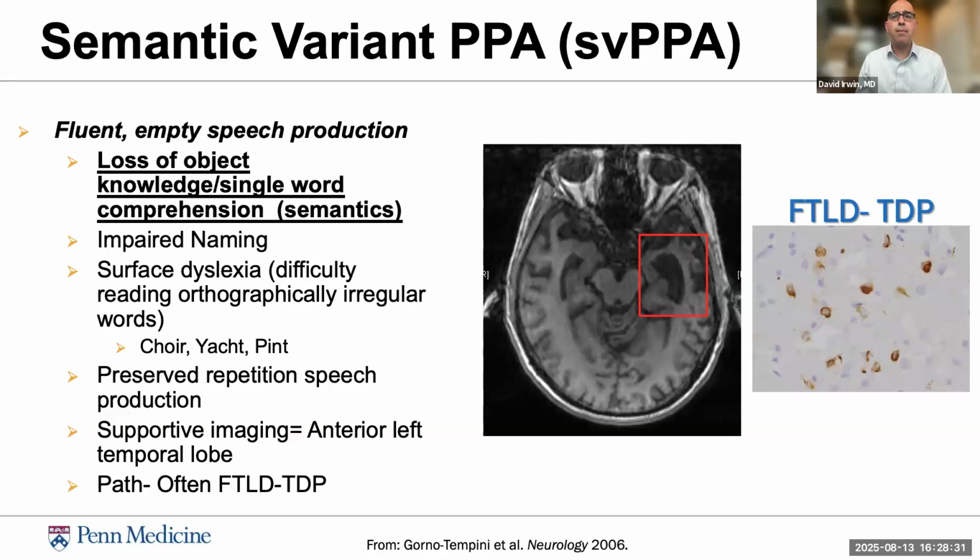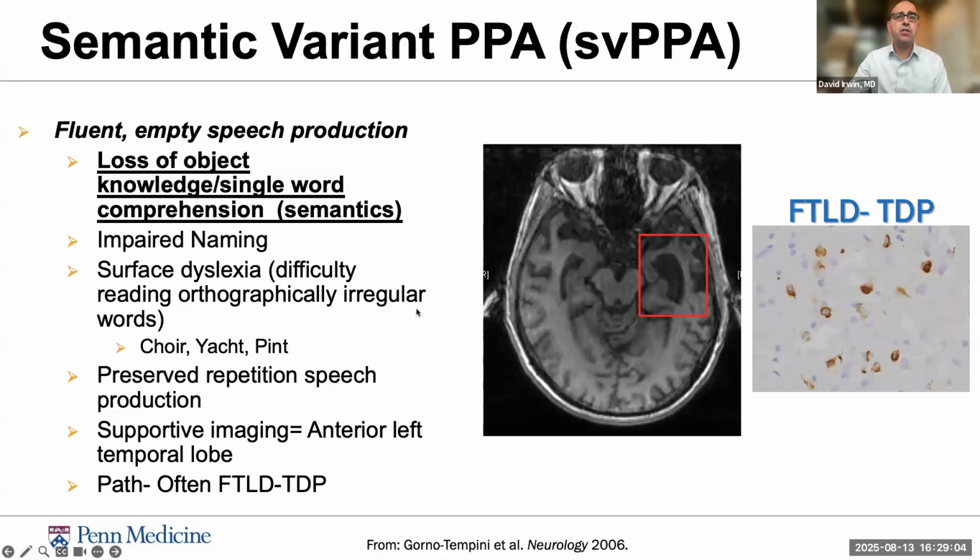One main form of primary progressive aphasia is the semantic variant. Illustrated here is left anterior temporal lobe disease, and most patients have a form of TDP-43 microscopically. This is similar to a Wernicke's aphasia in terms of comprehension being the main feature of the aphasia, but in distinction, it's for single words and objects rather than usually sentence-level comprehension as seen in a Wernicke's aphasia, and repetition is spared.